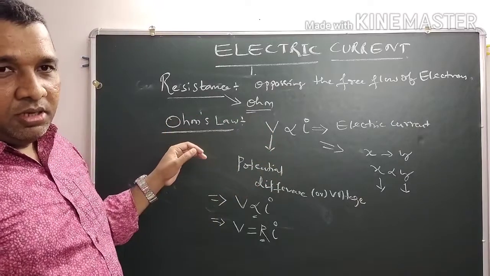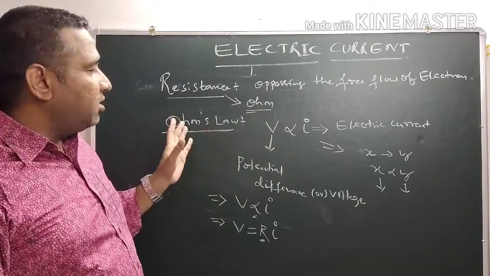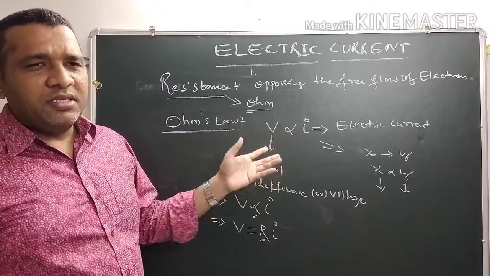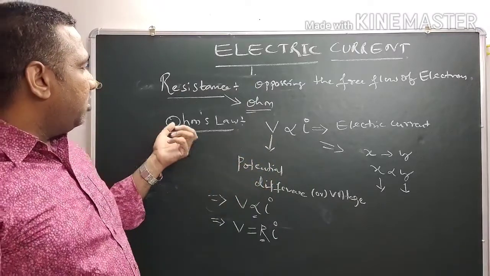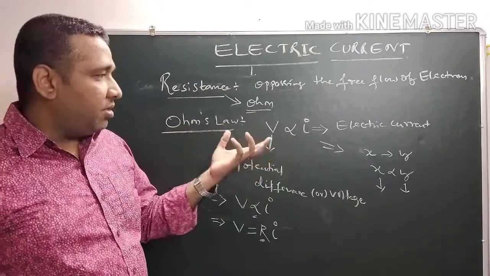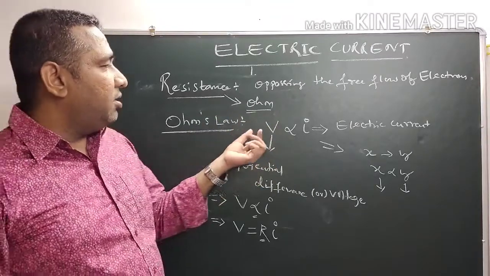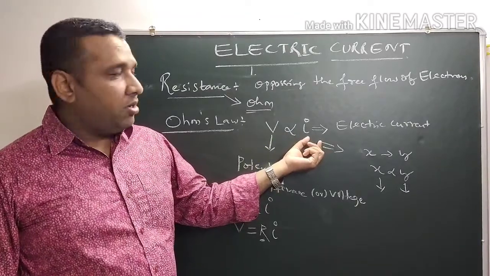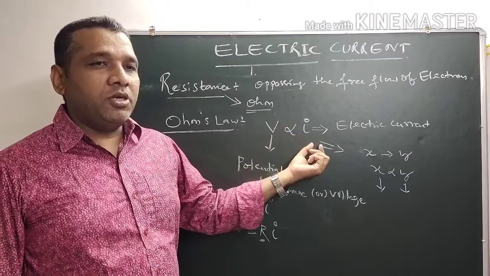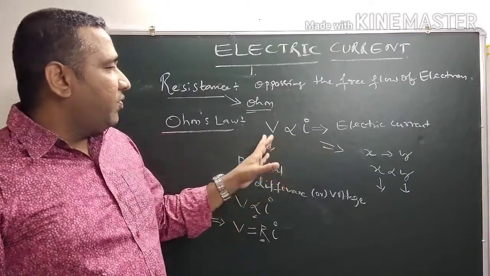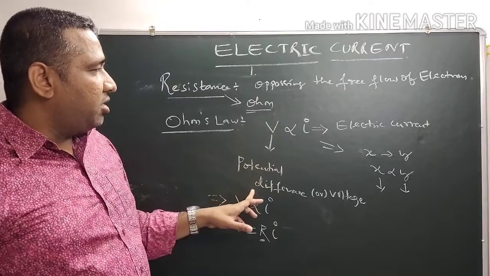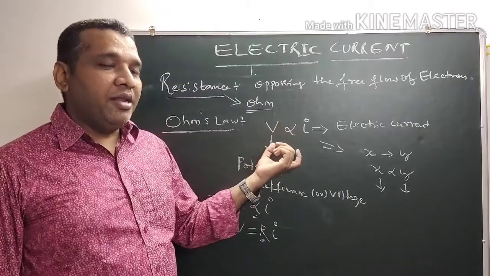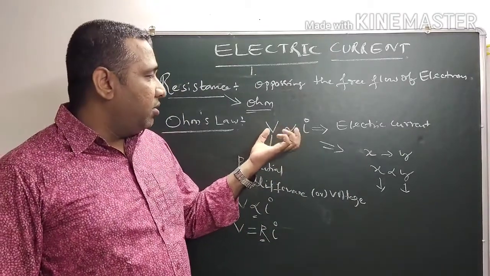In your examination they may ask what is Ohm's law, then you have to write its statement, or the principle of Ohm's law, both are the same. It is nothing but: potential difference is directly proportional to the electric current. Here V is the potential difference and I is the electric current; these two quantities are directly proportional in Ohm's law.